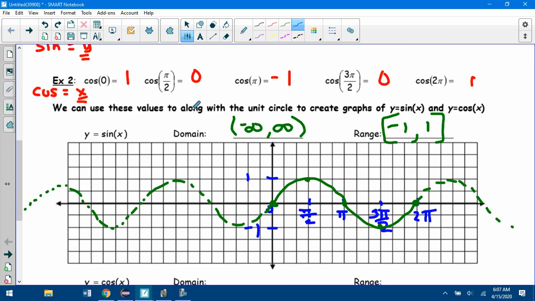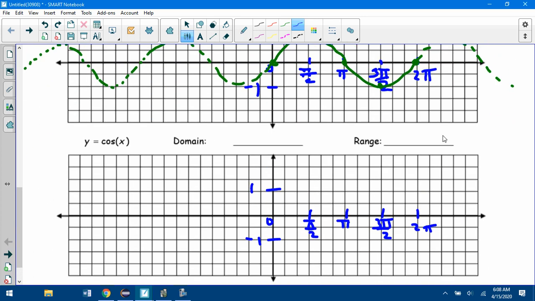This time I'm just plotting all the cosine values. So 1, 0, -1, 0, and 1. So it starts at 1, then goes down to 0, then goes down to -1, then goes back up to 0, and this one ends at 1, or at least that first cycle ends at 1.